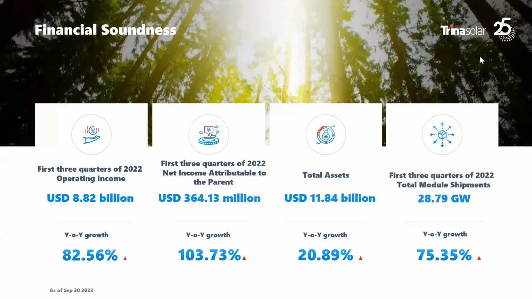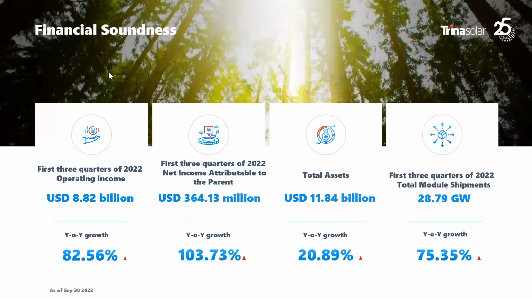And we also want to share our financial stability, or our financial soundness, as we say. For the first 3 quarters of this year, we had an 8.8 billion USD operating income. That's around 82.56% year-on-year growth. And for the first quarter of this year, we have an attributed net income of 364 million USD, so it's more than 100% year-on-year growth for us.